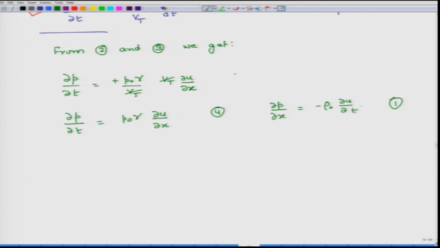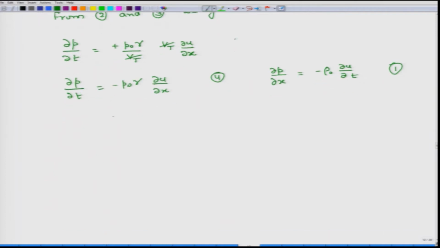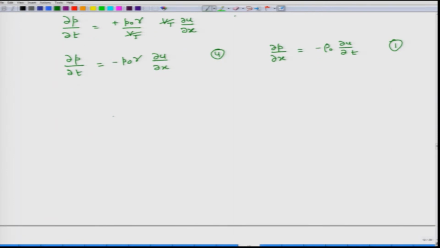I missed the negative sign earlier. Now, equations 4 and 1 involve pressure P and velocity u, and our aim is to eliminate u. So, we differentiate equation 4 with respect to time and differentiate equation 1 with respect to x.